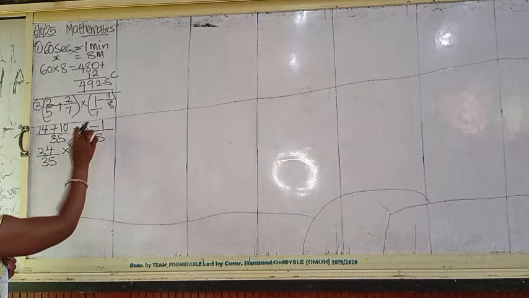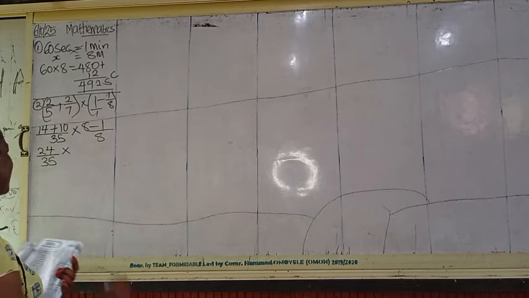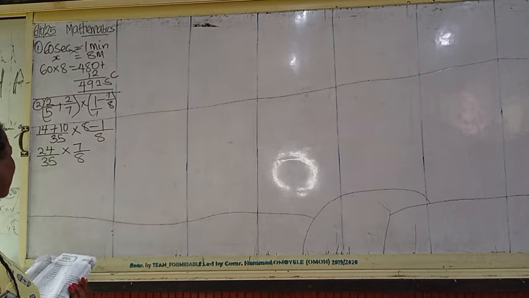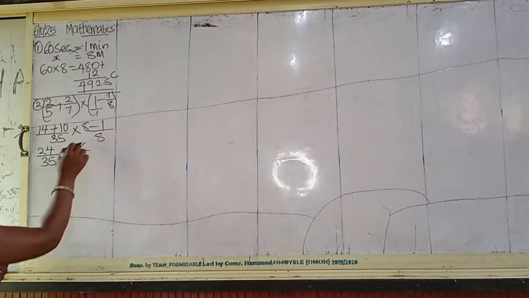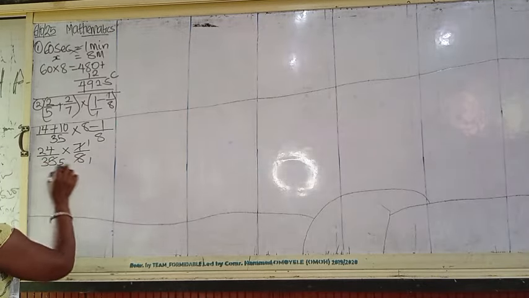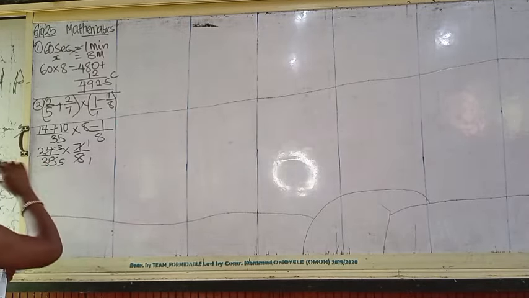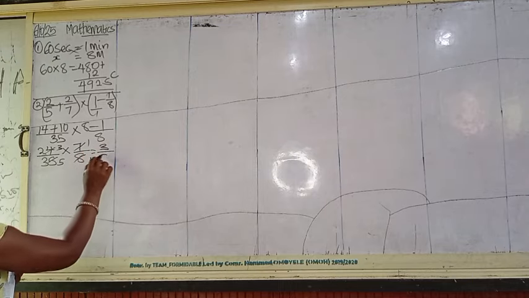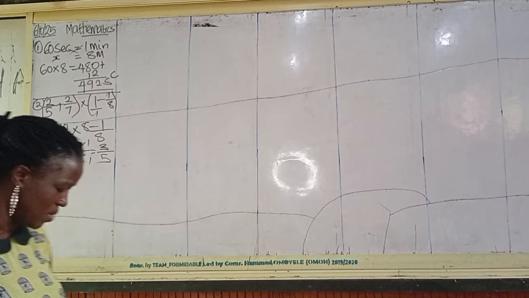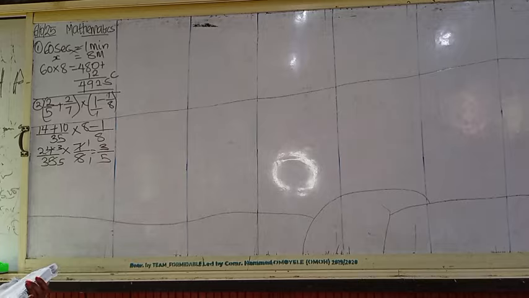We multiply this. 8 minus 1, that is 7 over 8. So let's do what now? Let's cut. 7 here 1, 7 here 5. 8 here 1, 8 here 3. So we have 3 over 5. Do we have it in the option? 3 over 5, we have it as option D.